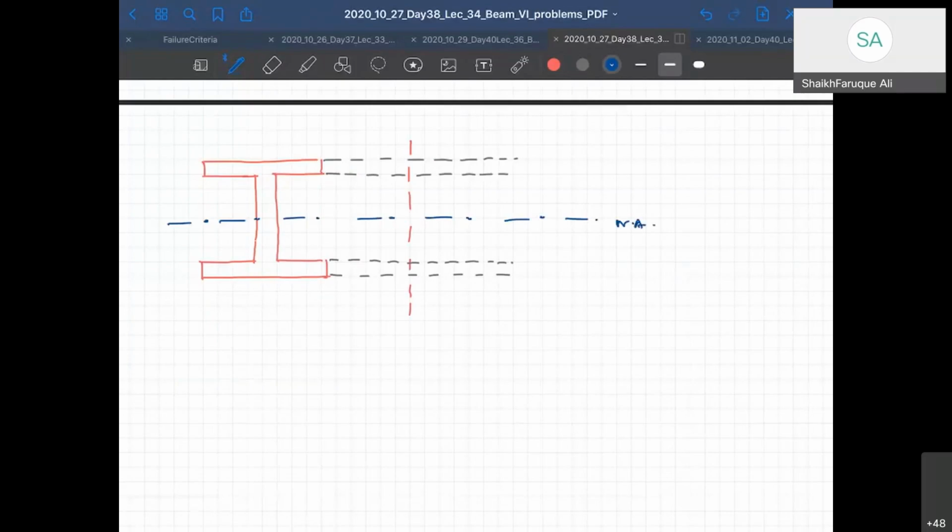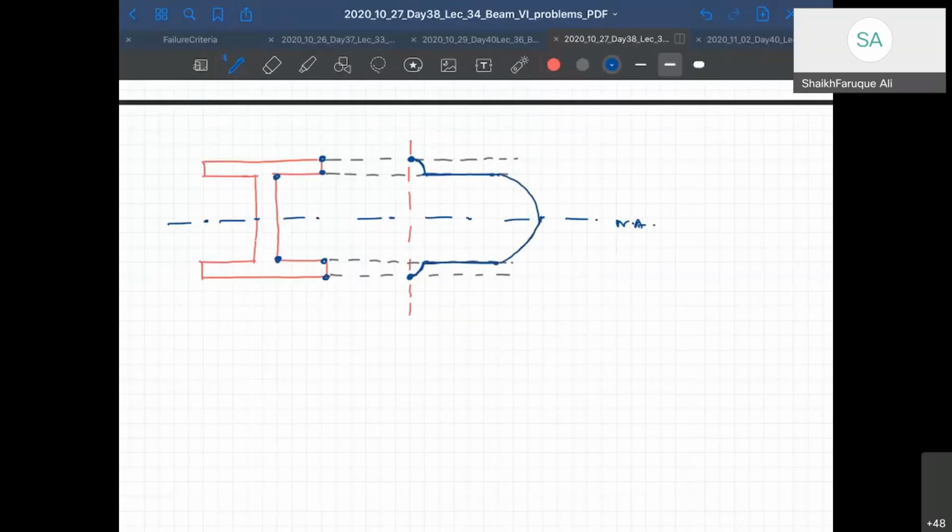As we know, this point is going to be 0. This point is going to have some value. There will be a change here, then a change here, and this is 0 again. Shear stress at these ends is 0. Then there will be a small value here, the same small value here. Then there will be a jump, let's say up to this point, and then the maximum here, and then it comes down.